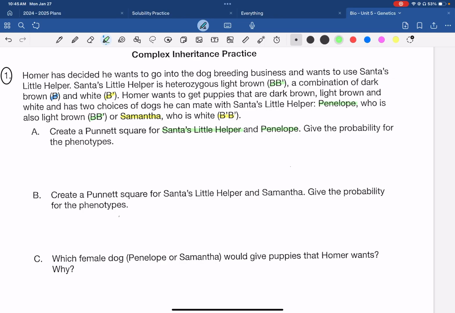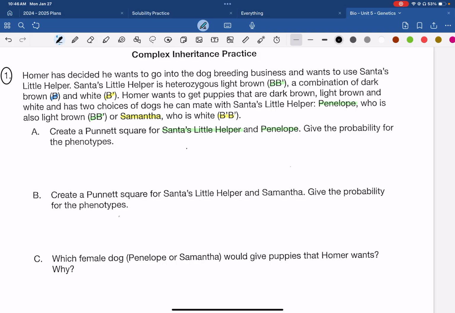One thing to remember is that when traits follow a pattern of incomplete dominance, if you are the heterozygote, meaning you have both alleles, in this case B, which represents brown, and B prime, which represents white, you should be thinking of in between. So what's in between brown and white? Light brown. Both Santa's Little Helper and Penelope are heterozygotes, so both have light brown fur color.